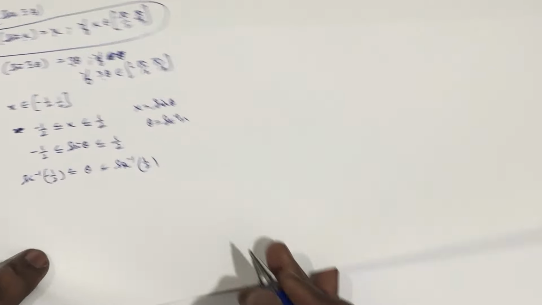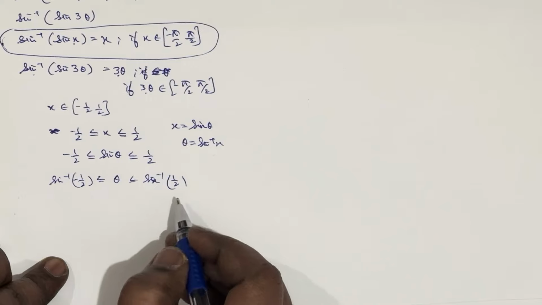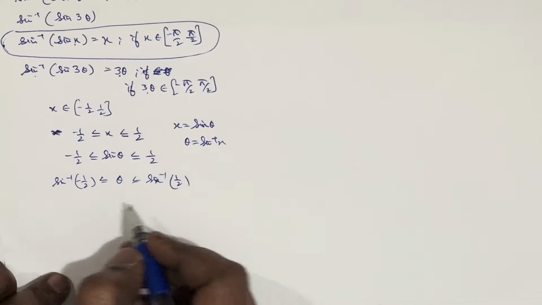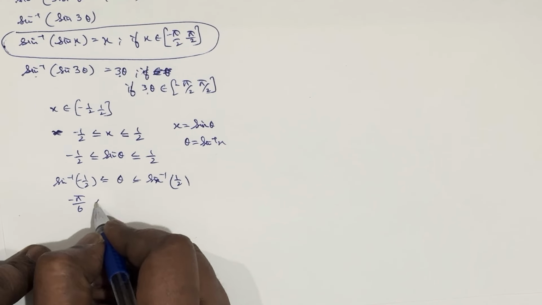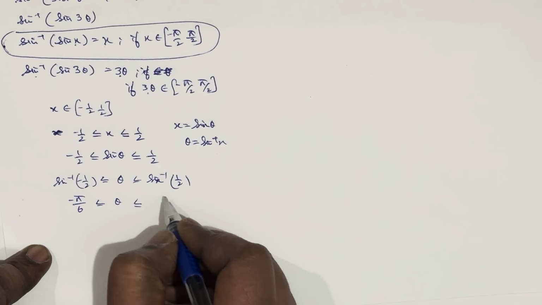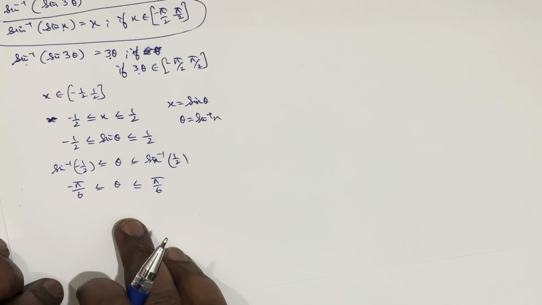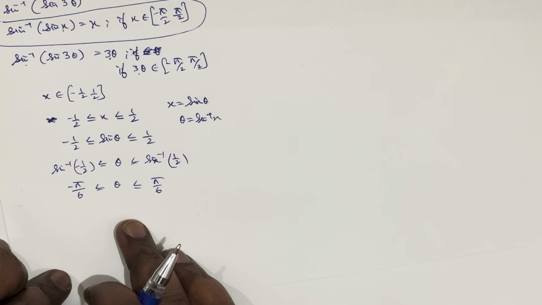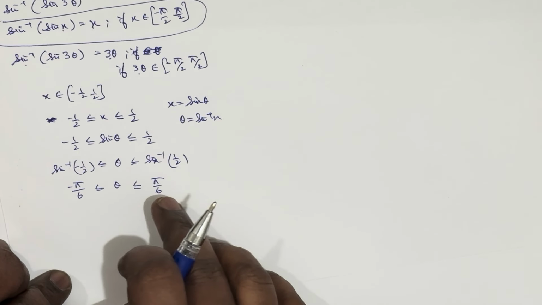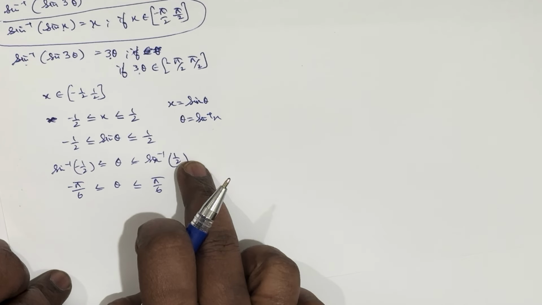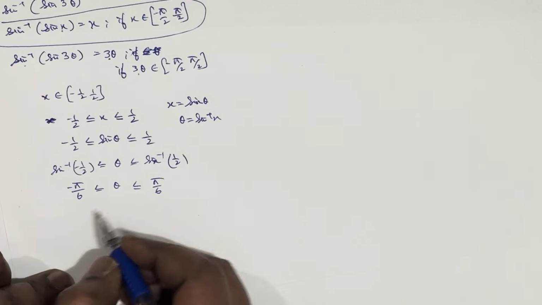Now you know that sine inverse 1 by 2 is pi by 6, so we can write this as minus pi by 6 less than or equal to theta less than or equal to positive pi by 6. In the ratio table, sine 30 degrees, that is sine pi by 6, is 1 by 2. So sine inverse 1 by 2 can be changed to pi by 6.